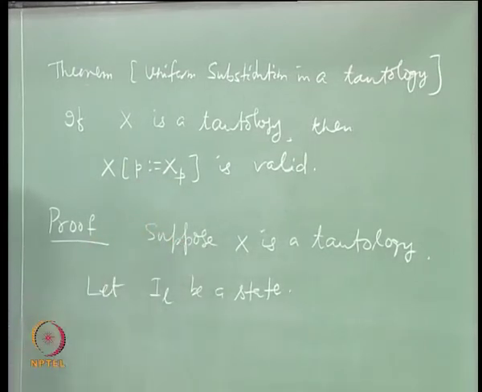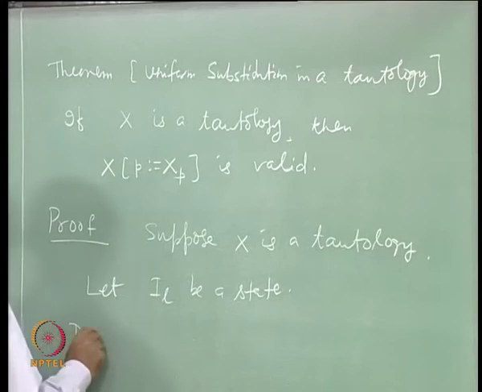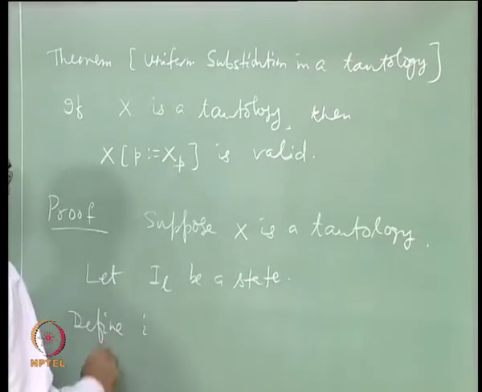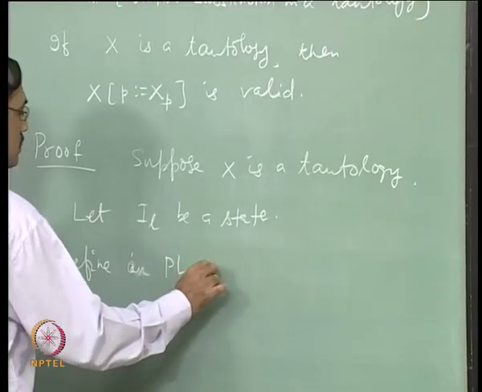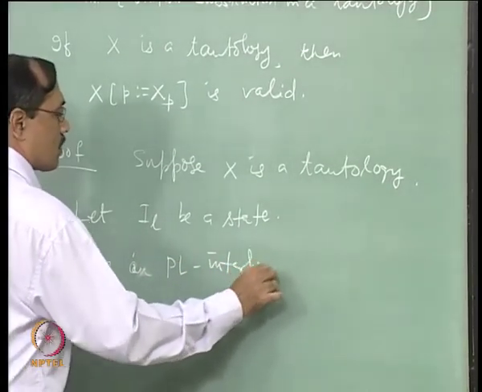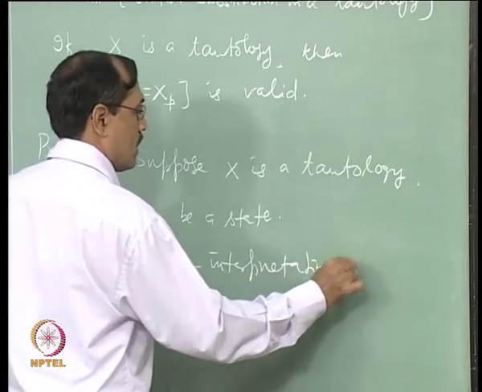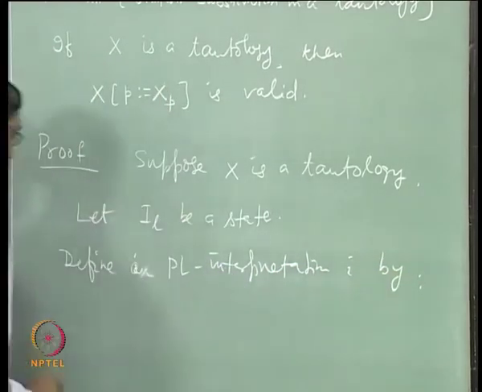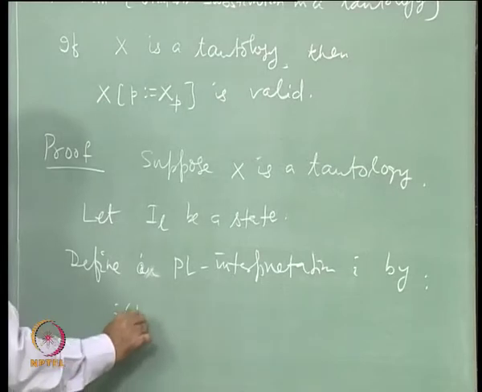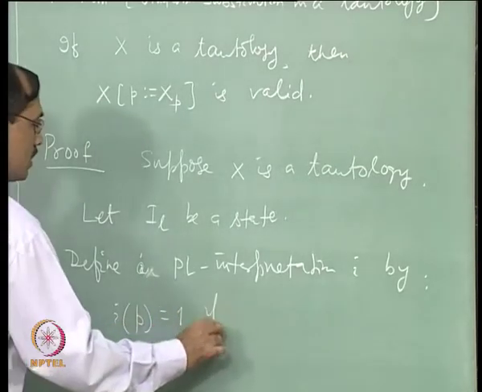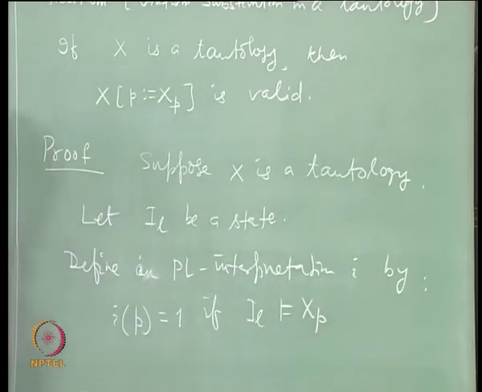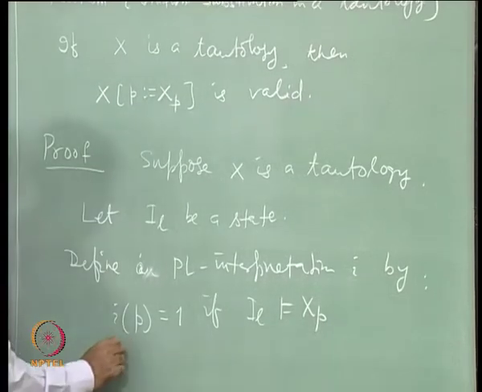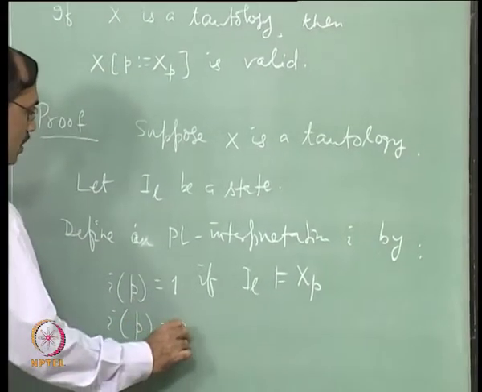So, define on a PL interpretation I: I of p equals 1 if I_L satisfies X_p. It either satisfies or it does not satisfy. In that case, you put I of p equals 0.